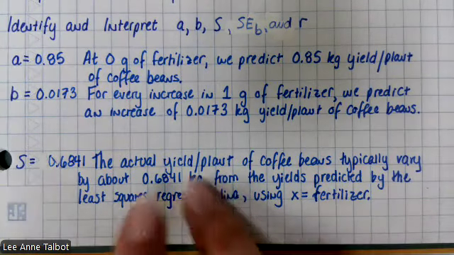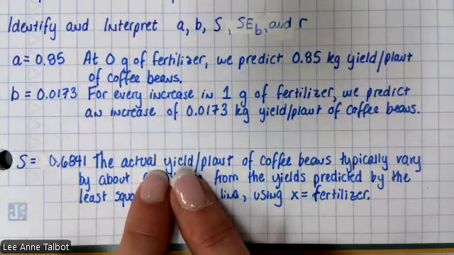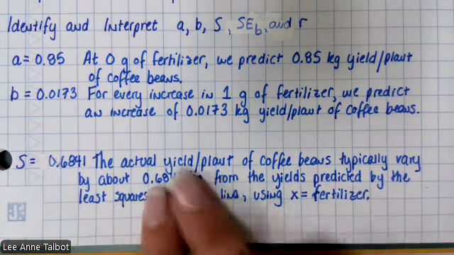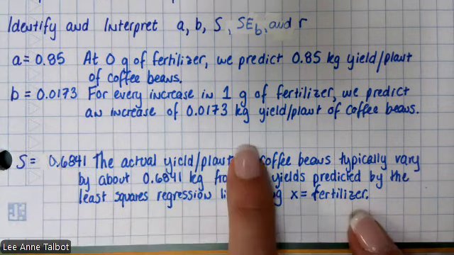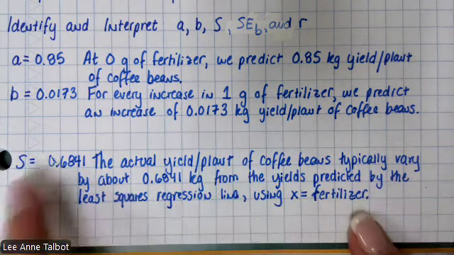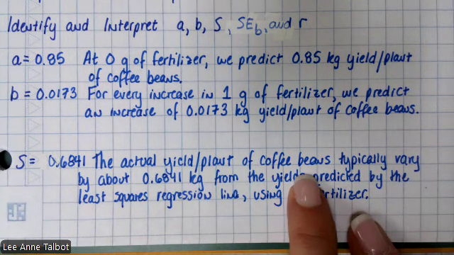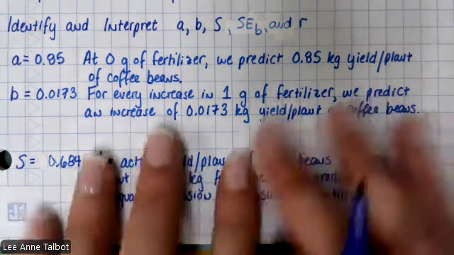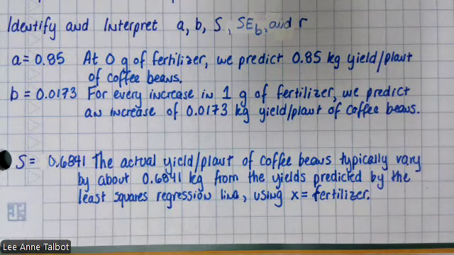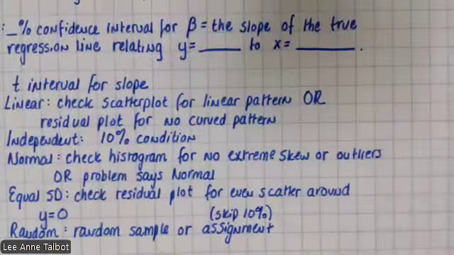The really important thing is it's talking about y the whole time until it says x equals fertilizer. So the actual y typically varies from the estimated y using x. All of this is y until the very end. More, and then we're done with this, and then we're just going to do that FRQ and we're done.